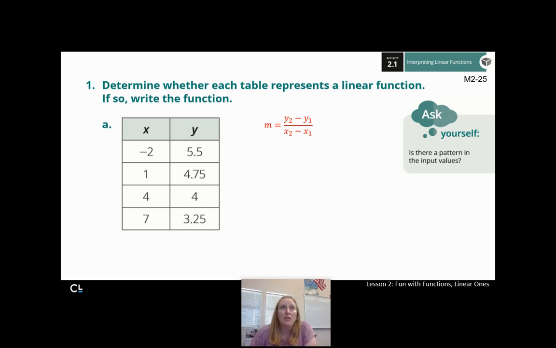And you know how this goes. If the slope is constant, you keep getting the same slope or the same average rate of change, you know it's a linear function. If you're getting different numbers, that's when you say no, that's not a linear function. If it is a linear function, write the function for me as well. Go ahead and hit pause to work these out, and then hit play when you're ready to check your work.